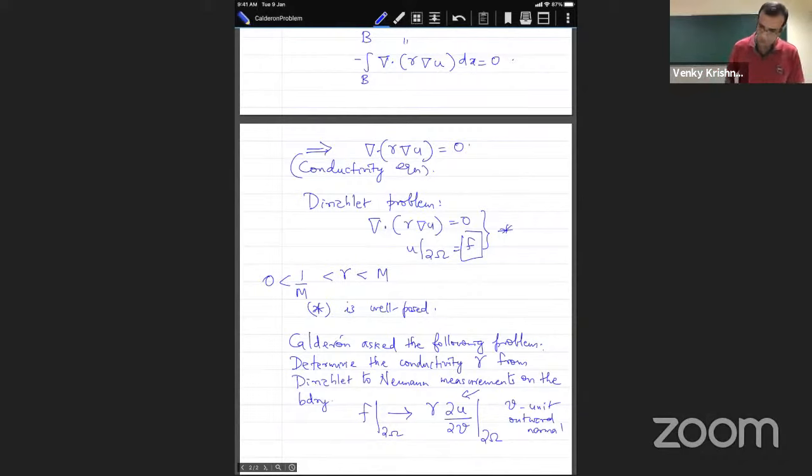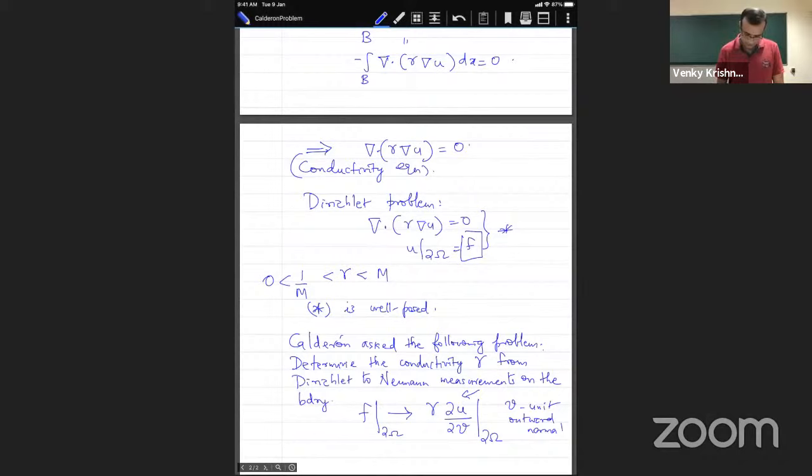Okay, so the problem that Calderon asked is, suppose I specify a Dirichlet value, and then I measure the outgoing current flux, and now I can do this for as many measurements as I want.